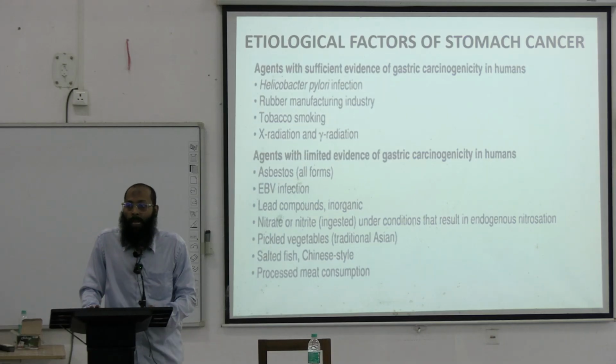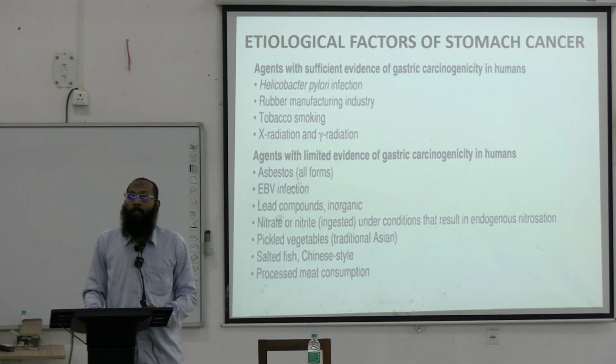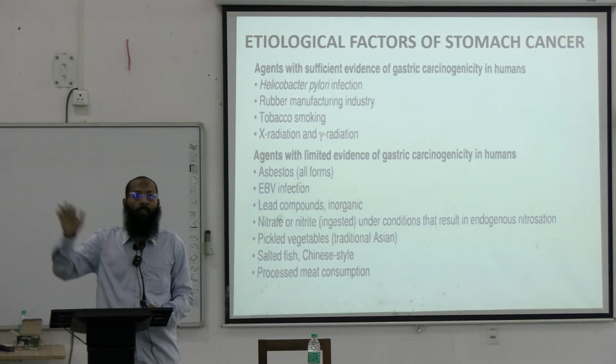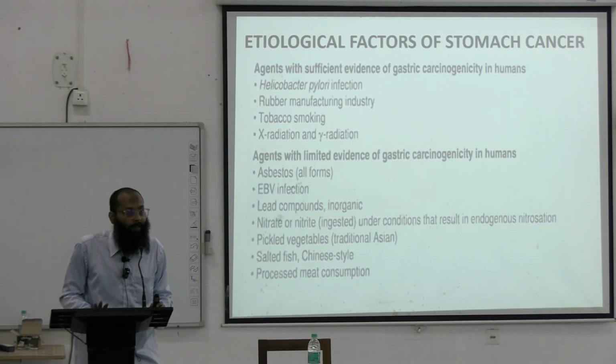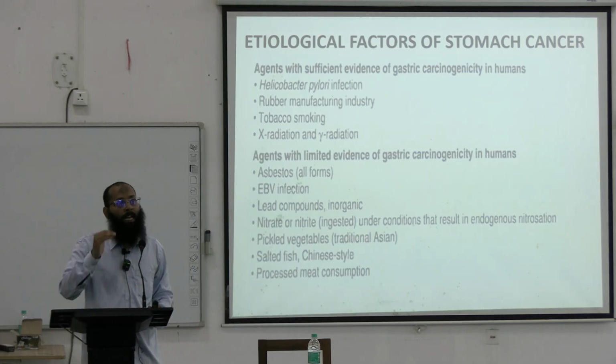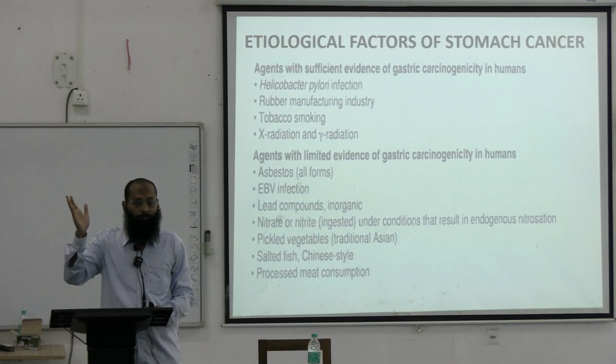Now as this bacteria resides in the antrum, the antral pH is not less, it increases the pH of the antrum. Clear? Because it is releasing ammonium, the pH of the antrum is raised.